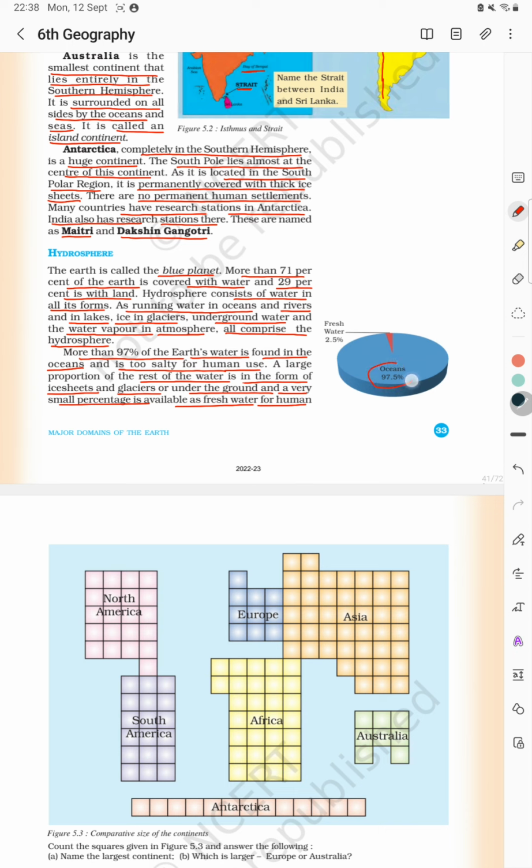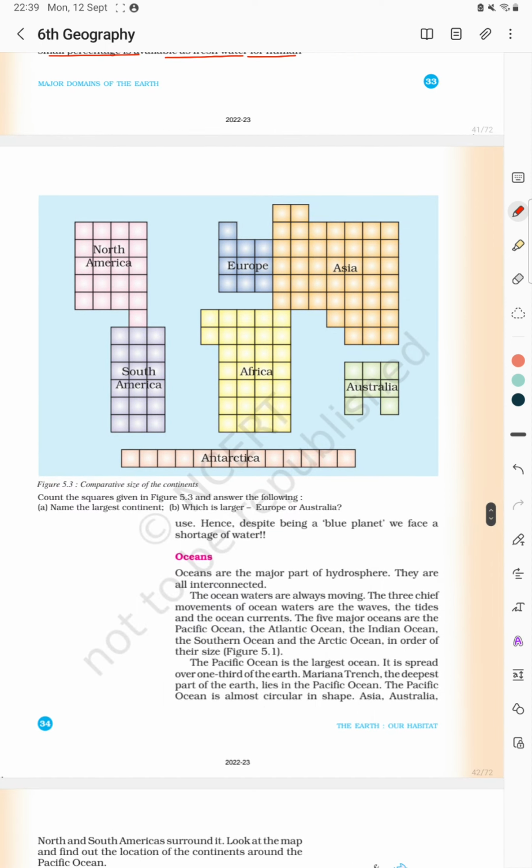So 97% is ocean, only 2.5% is fresh water, and of this 2.5% the maximum is in the form of ice sheets and glaciers or underground water, and only a very small percentage is available as fresh water for human use. So despite being a blue planet, we face a shortage of water.